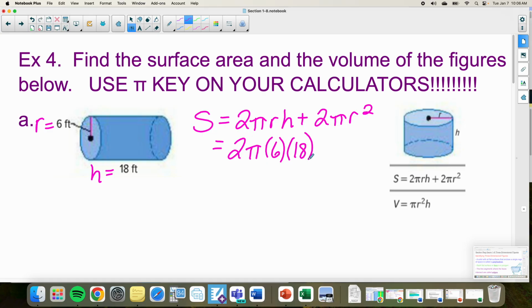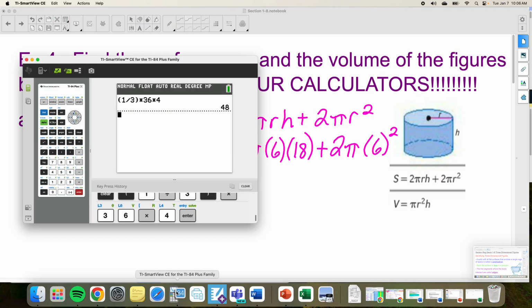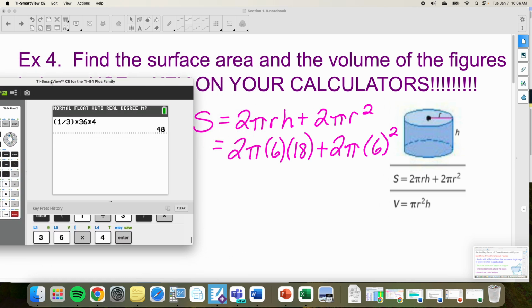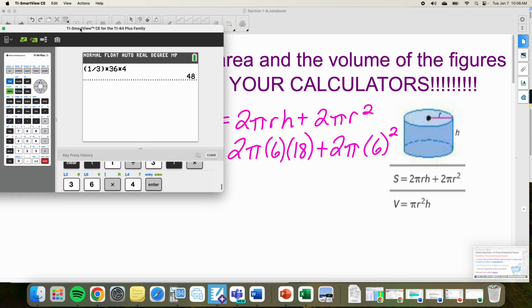So I'm just substituting them in, plus 2 pi, and then my radius again is 6, and I have to square that. Now, regardless of what calculator you have, you can type that into your calculator all at once, okay?